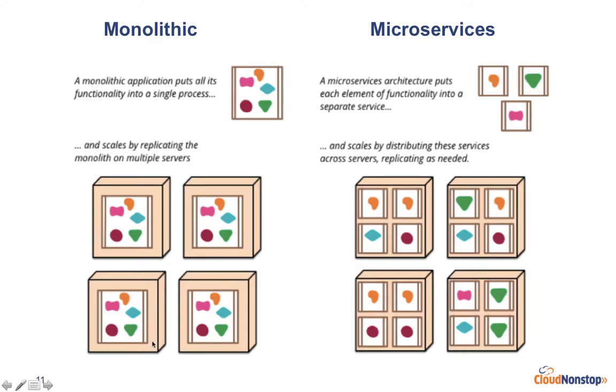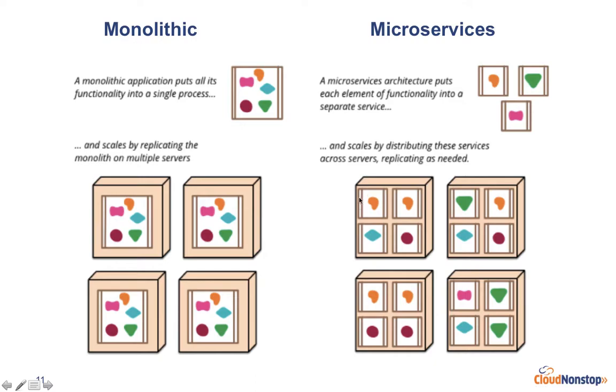And as you can quite easily see, the problem there is that we're talking in terms of replicating big chunks of code, even if the bottleneck might reside, let's say, in the database layer, because of the I/O required for handling all of the requests. Contrast that with the microservices architecture or microservices pattern. There we're talking in terms of running each one of those functions as a separate microservice.